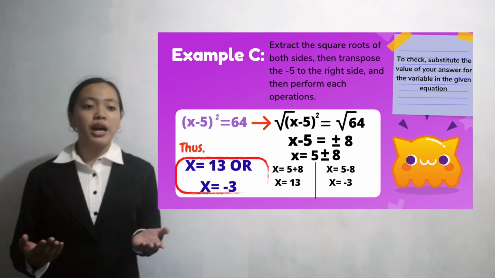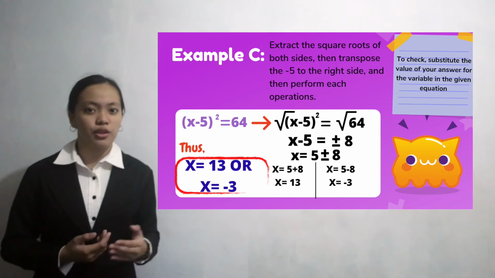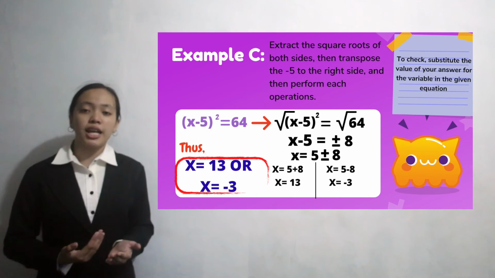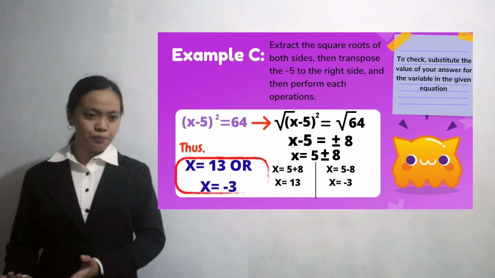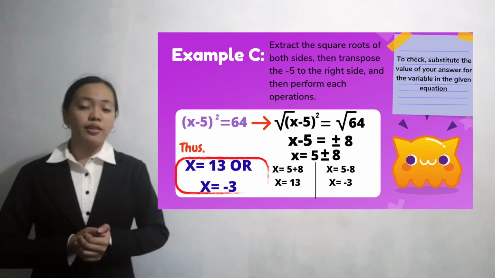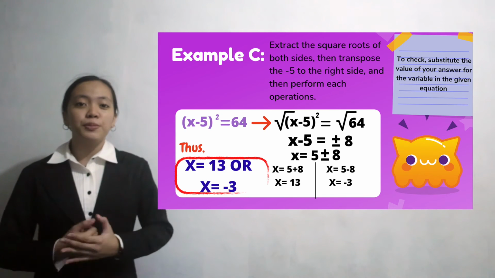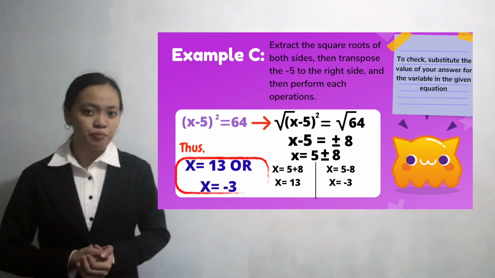But since we still have a constant on the left side of the equal sign, we need to transpose the negative 5 to the right side. So we are left with x equals 5 plus or minus 8.